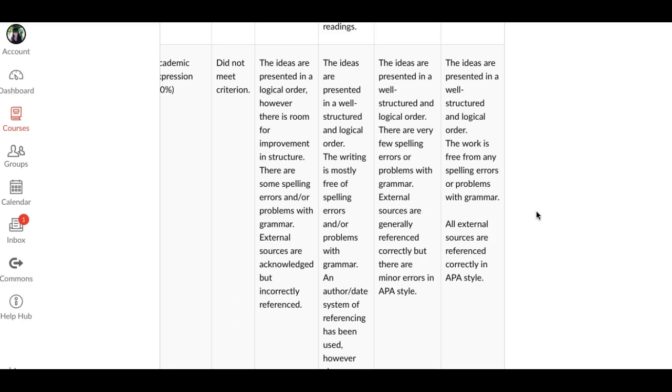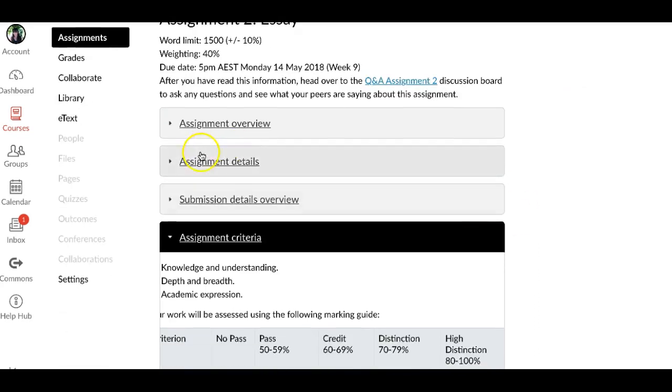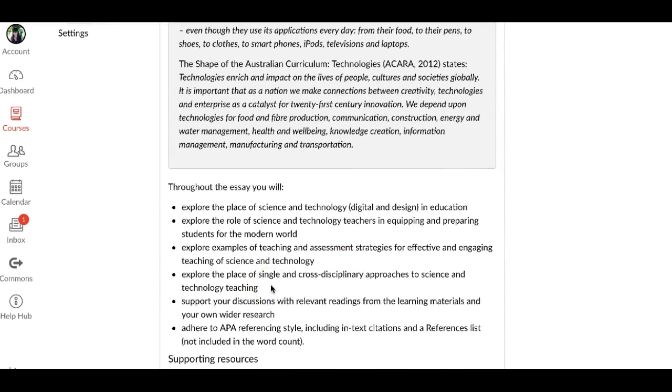All right, another quick thing, strategies and approaches. As far as approaches, you can either concentrate on one or discuss a number. If I was going to do this essay, I'd look at the dot points, so back up where we were before, the assignment details, these dot points, and they would guide my discussion throughout.